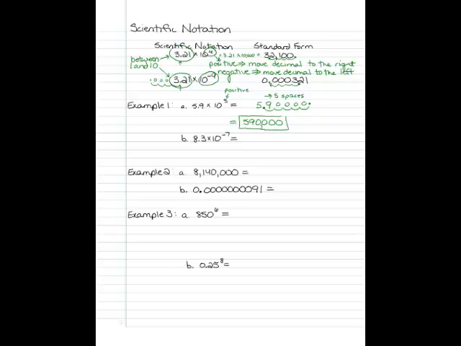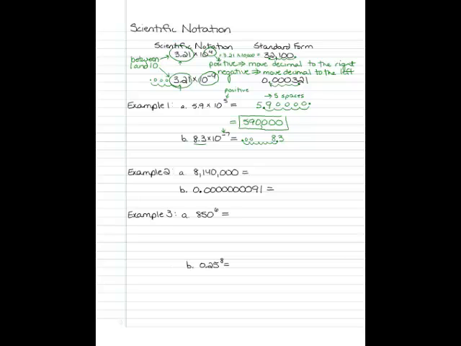Now part B, another example, this time with a negative exponent. And again, you want to start with this number. So I'm just going to write the 8.3 down, giving myself some space. The negative 7 tells me to move my decimal point 7 spaces, this time to the left. So the decimal point was right here. Move it 1, 2, 3, 4, 5, 6, 7 spaces to the left.